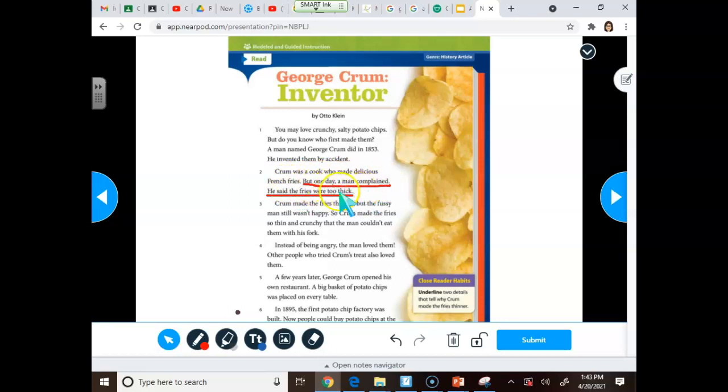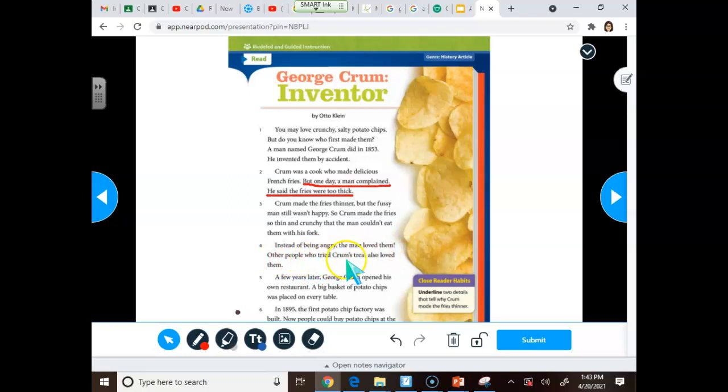But one day a man complained. He said the fries were too thick. Crumb made the fries thinner, but the fussy man still wasn't happy. So Crumb made the fries so thin and crunchy that the man couldn't eat them with his fork. Instead of being angry, the man loved them.